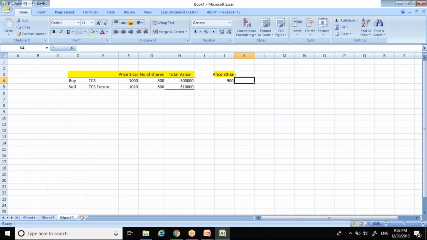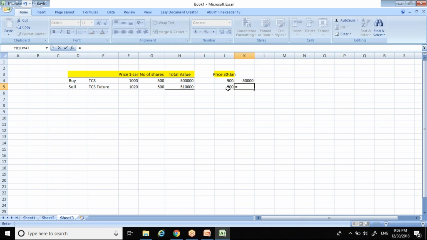How much loss will you have? 900 minus 1,000, multiplied by the lot size. On the other hand, the futures will also be trading at 900, because both prices have to converge. Why do they converge? Because there is no time value or interest cost remaining in the future contract. So both are trading at the same rate.